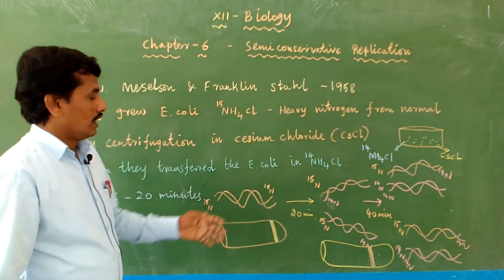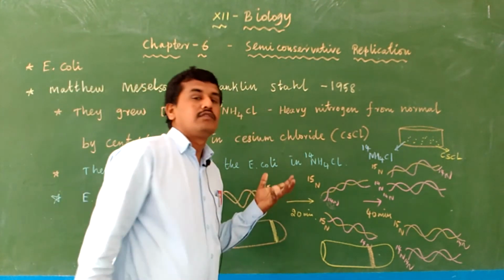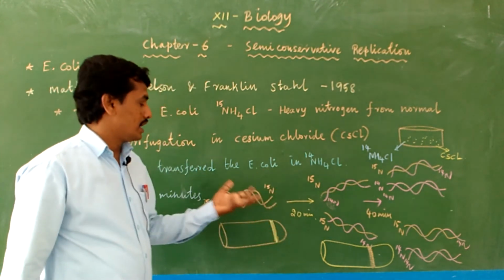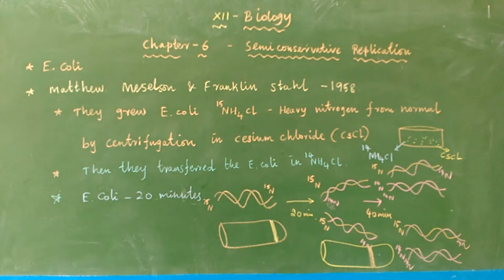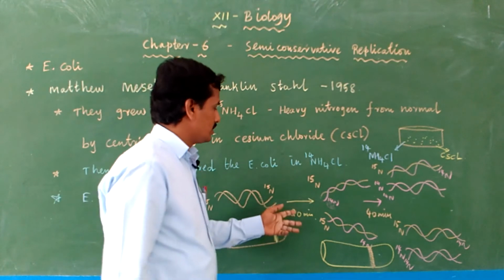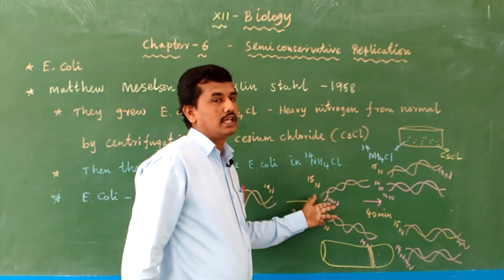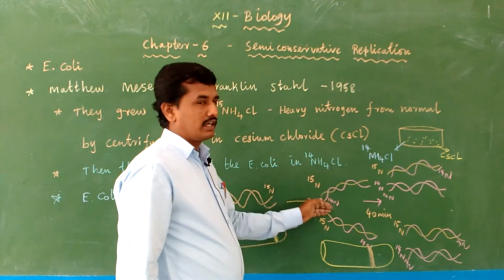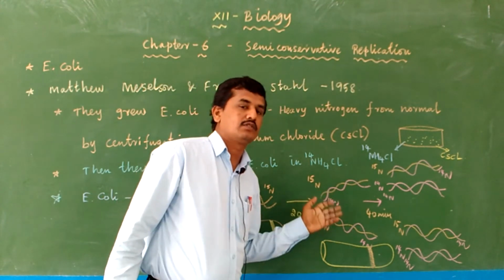Okay. In the first stage of this experiment, we add ammonium chloride 15, so all the DNA contains N15 as nitrogen base. In the second stage, after 20 minutes, we add 14 into the medium.